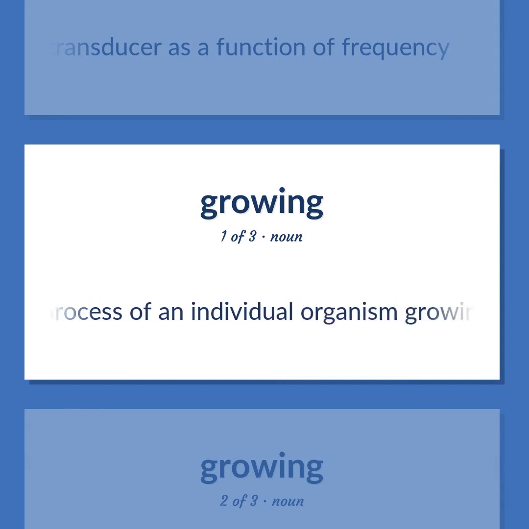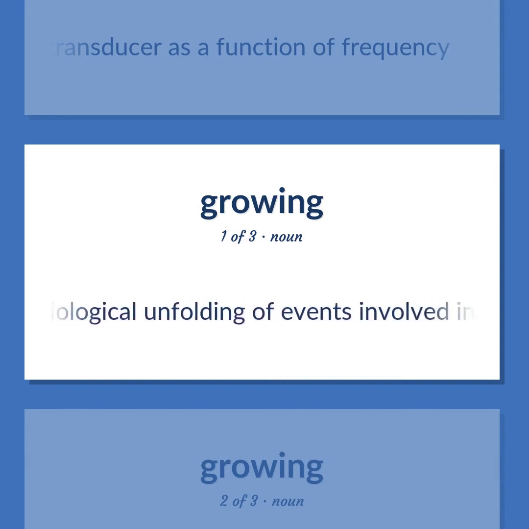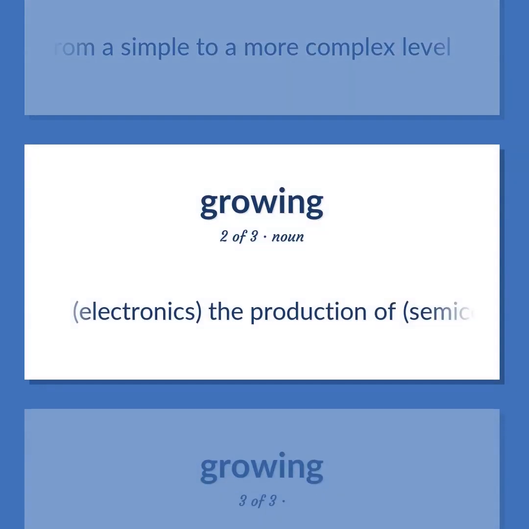Biology. The process of an individual organism growing organically. A purely biological unfolding of events involved in an organism changing gradually from a simple to a more complex level. Electronics. The production of semiconductor crystals by slow crystallization from the molten state.